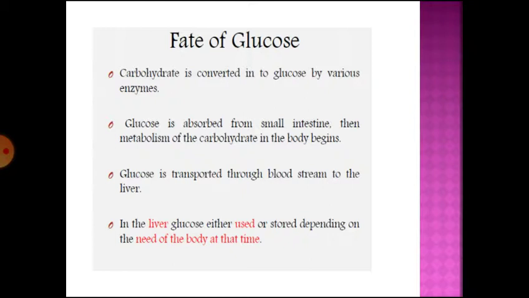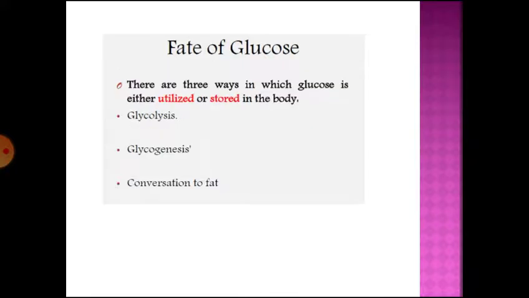In the liver, glucose is either used or stored depending on the need of the body at that time. There are three ways in which glucose is either utilized or stored in the body: glycolysis, glycogenesis, and conversion to fat.